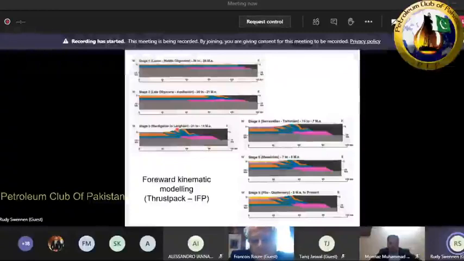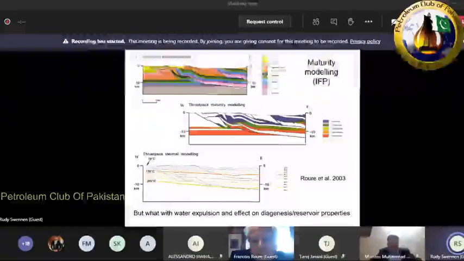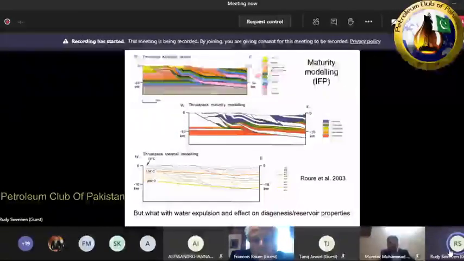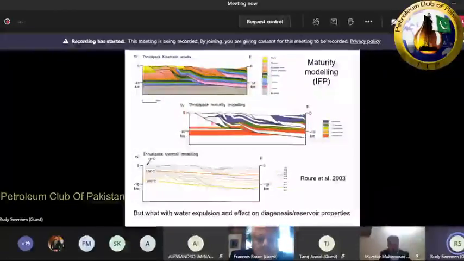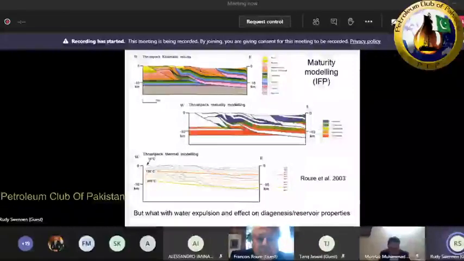fronts. The people in IFP were able in these kinematic models also to model the maturity of the source rocks and to see where it was over mature, where it was in the gas window and in the oil window.